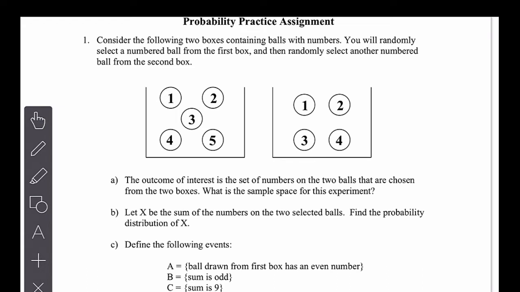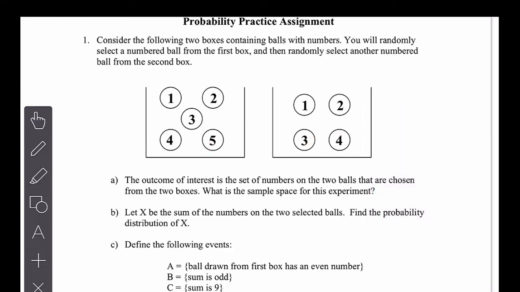All right. This is actually not so bad to do on an iPad because I can erase very easily. The first question is about these two boxes.